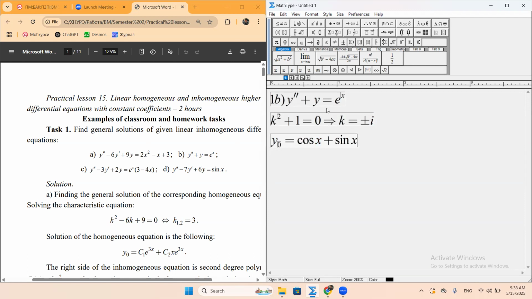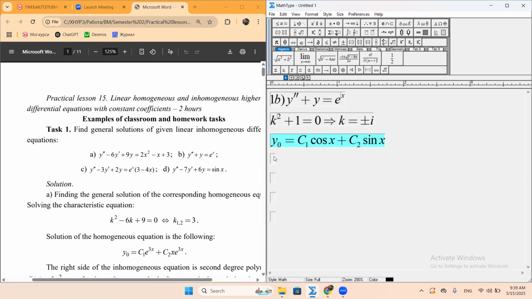Actually, we could write it like C1 e to the power of i x plus C2 e to the power of minus i x, but it will be transformed to the trigonometric form, such complex numbers. So we found such a solution of the differential equation.